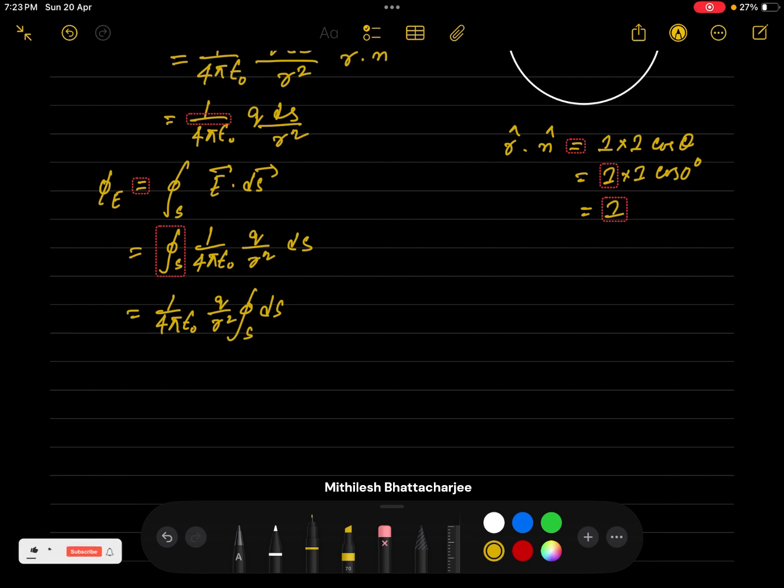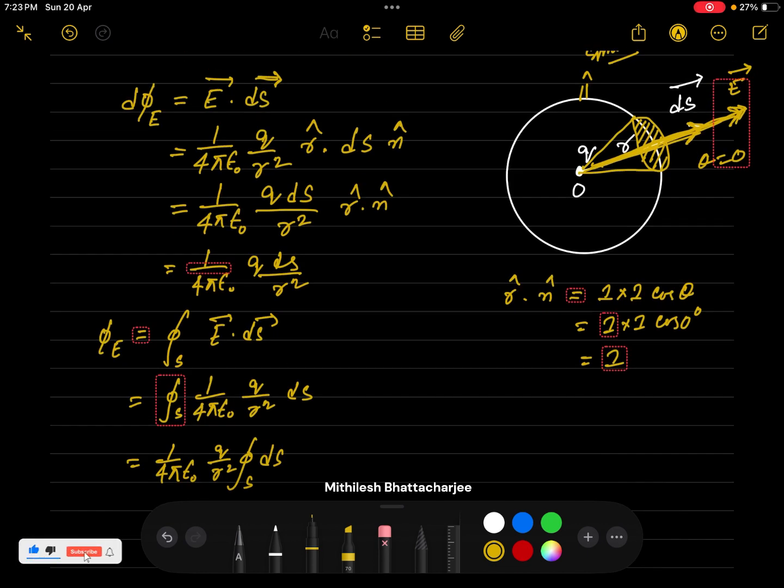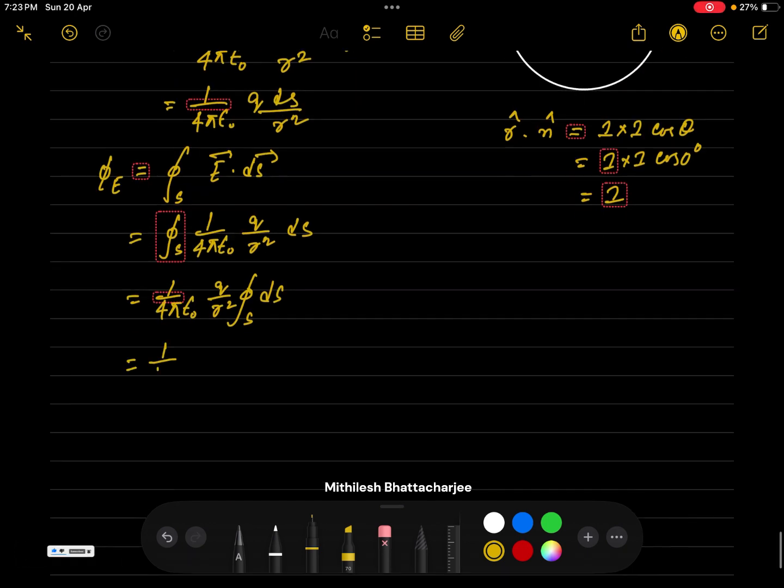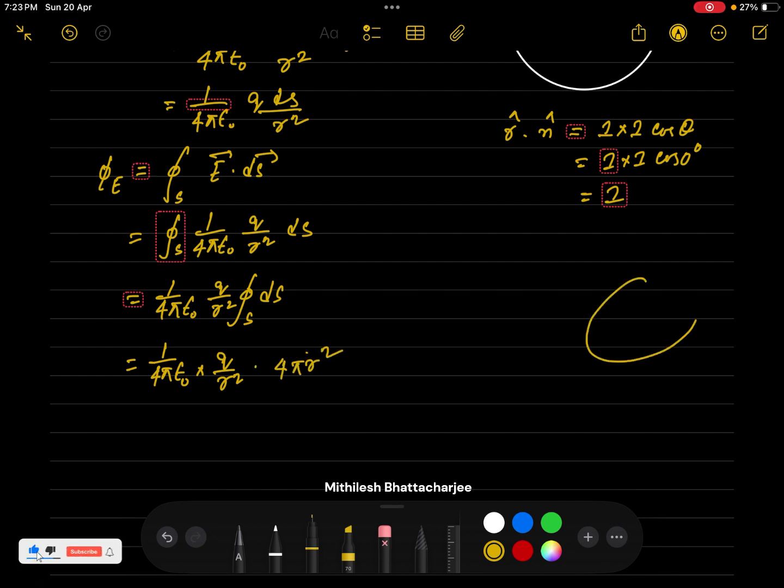Now see, this is the sphere, right? So the integration will be how much? 4 pi r square, right? This is the sphere, so the integration will be 4 pi r square.